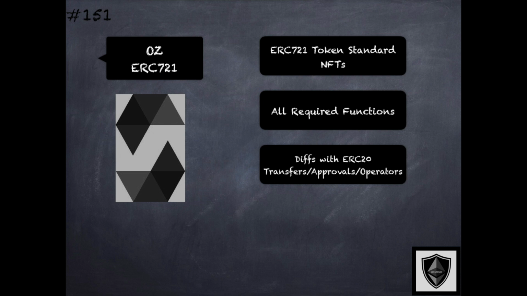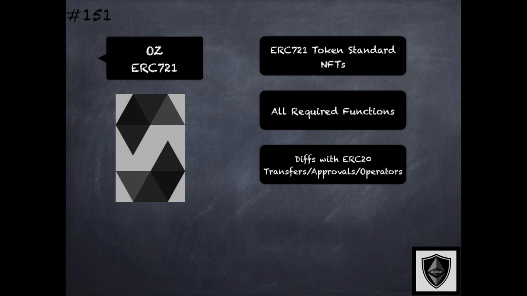Approvals with ERC721 work differently from ERC20. Unlike ERC20 that has a notion of a spender for the tokens, ERC721 introduces the concept of an operator, which is somewhat similar. The approve function in this case specifies the address of the operator and the specific token ID, and it gives permission to the operator to transfer this particular token to another account.